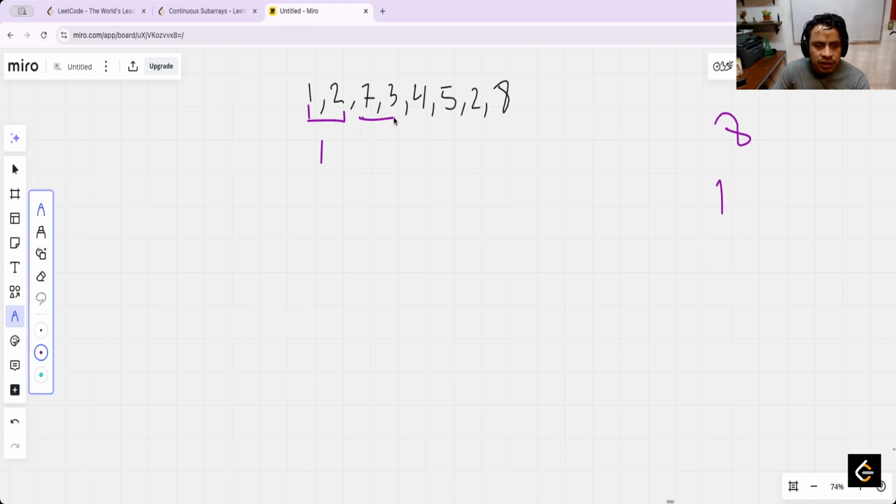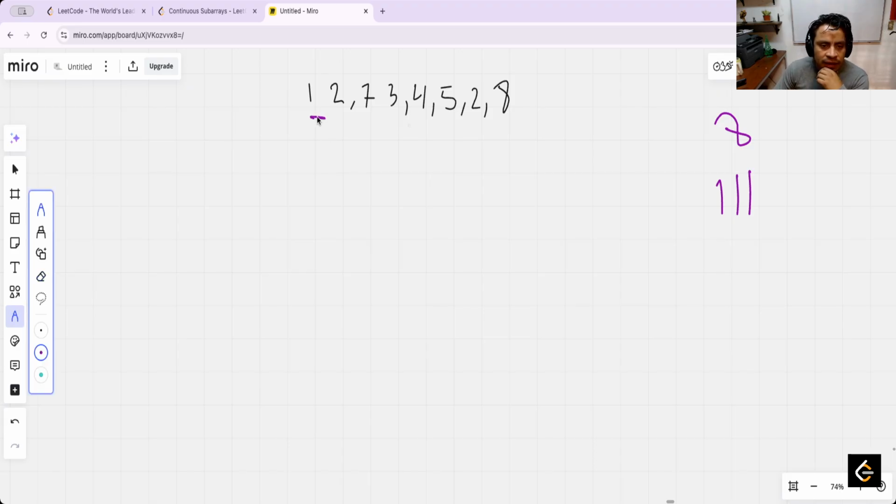The difference between this and this is 4, no. Between this and this is 1. Between 4 and 5 is 1. Between 5 and 2 is 3, no. Between 2 and 8 is 6, no. This is with the length of 2.